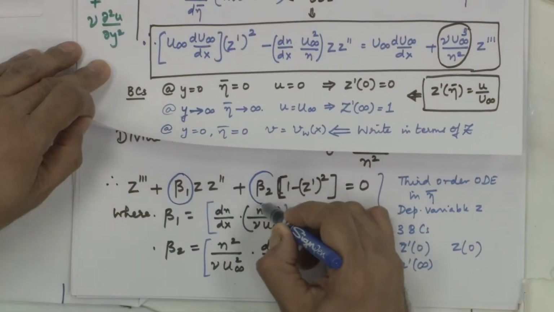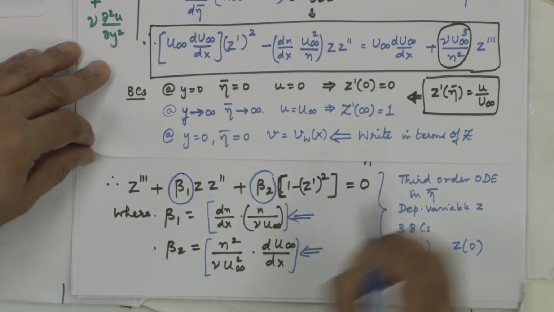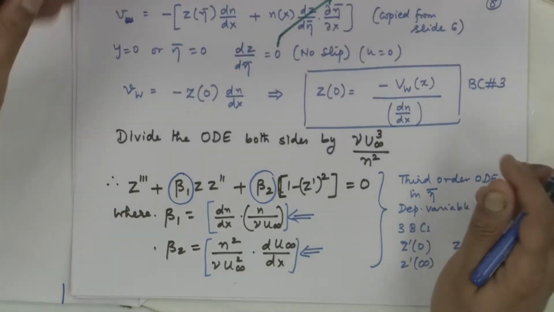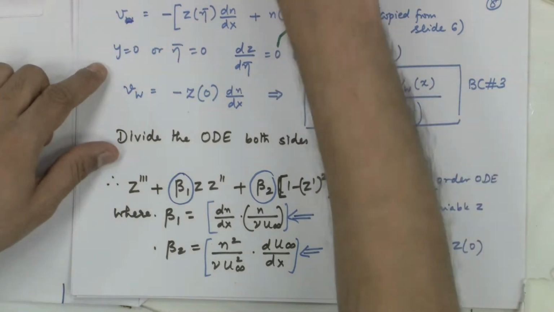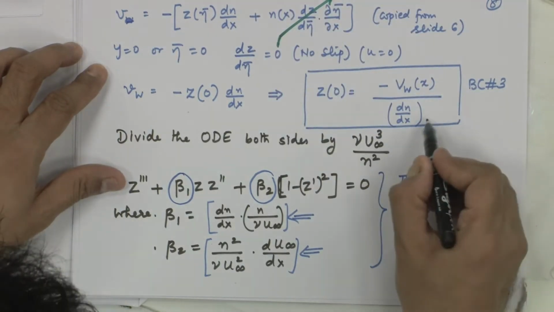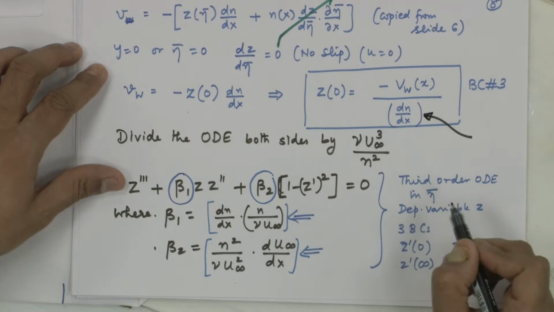Well, it is an ordinary differential equation if and only if beta 1 and beta 2 and also the boundary condition which we have derived here, the third boundary condition z of 0, which has this.